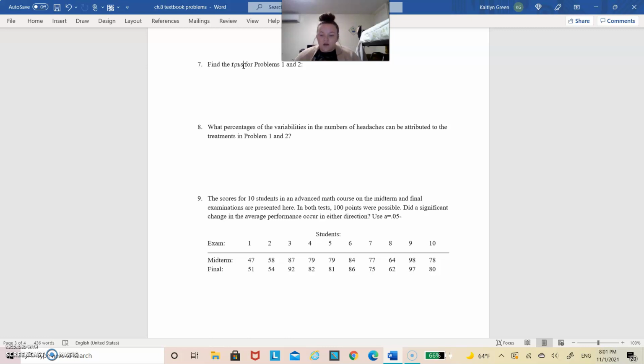The equation is going to be r_pb is equal to the square root of t squared divided by t squared plus the degrees of freedom. We know that t-calculated from problem 1 is negative 1.95, and from problem 2 is negative 2.06.